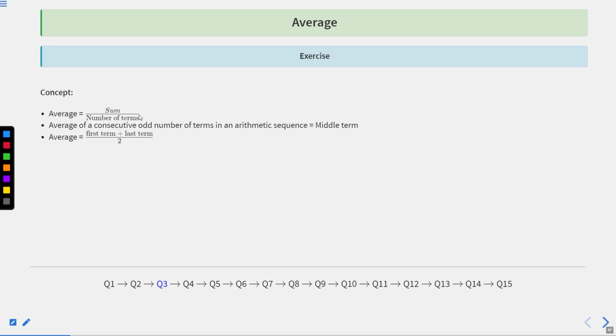First of all, the average is equal to sum of observations upon total number of observations. Secondly, average of consecutive odd number of terms in an arithmetic sequence is equal to the middle term. And thirdly, average is equal to first term plus last term upon 2.